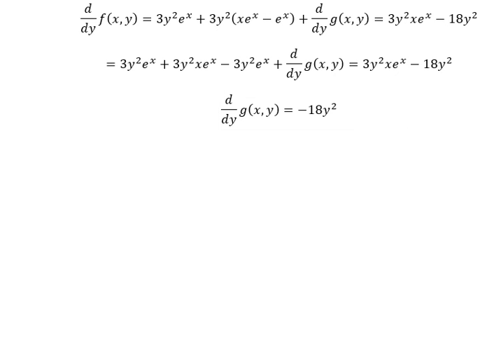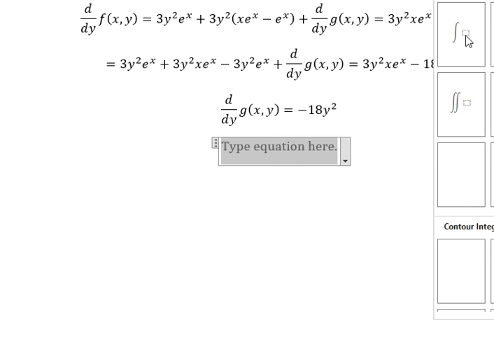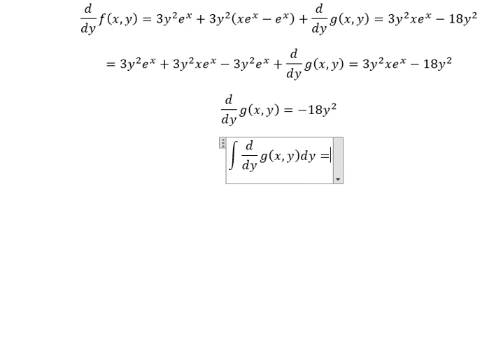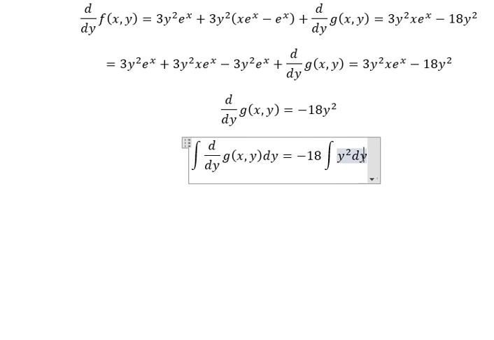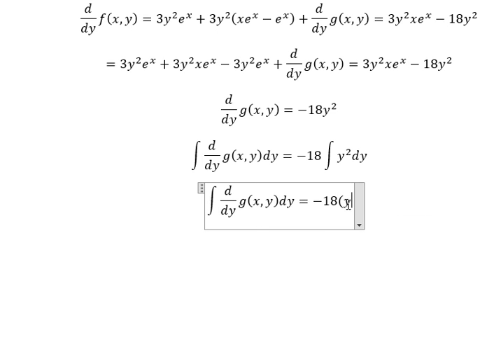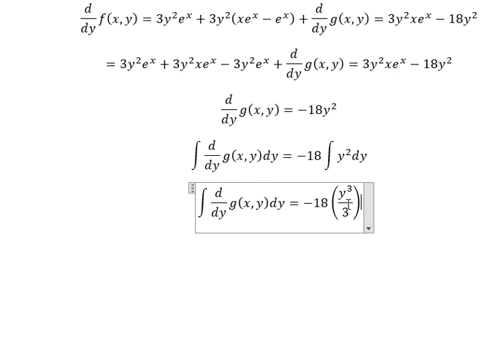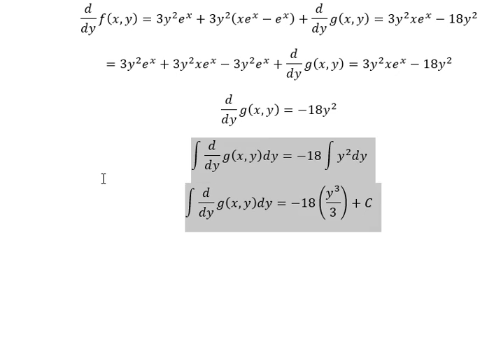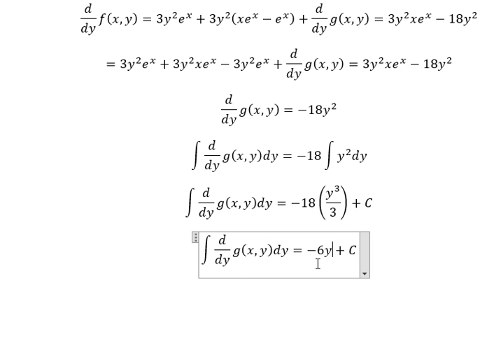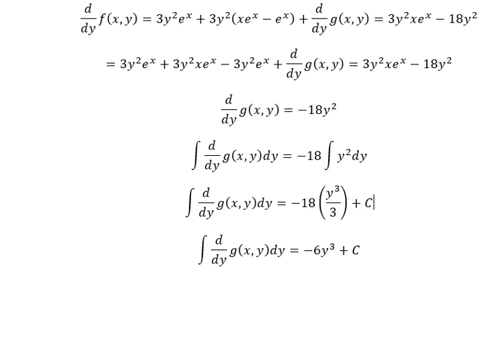Next, we put the integration for the both sides. So the integration of this one, we have y to the power of 3 over 3, and I will put about c. This one, we have negative number 6 y to the power of 3.